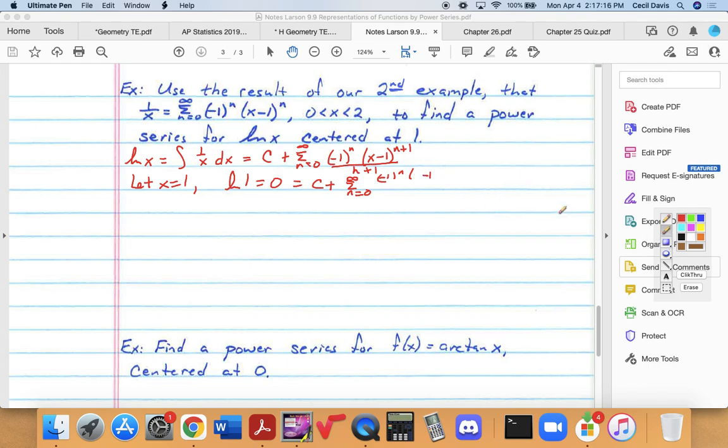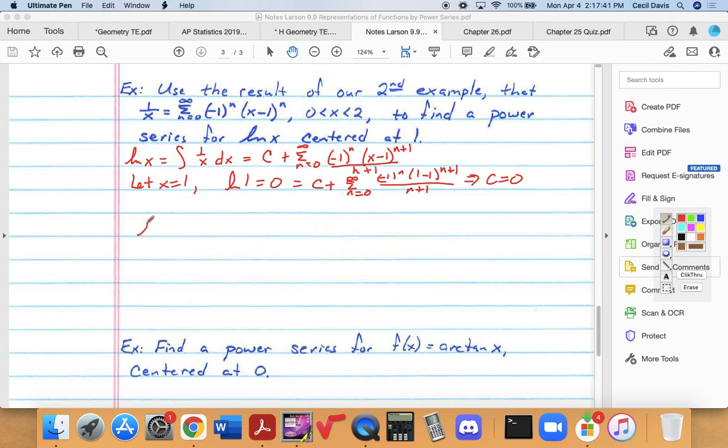Because we're letting x be equal to 1. Zero. Interesting. So the series, all the terms are 0. So that means c equals 0. Now that makes it easy. That does make it nicer.